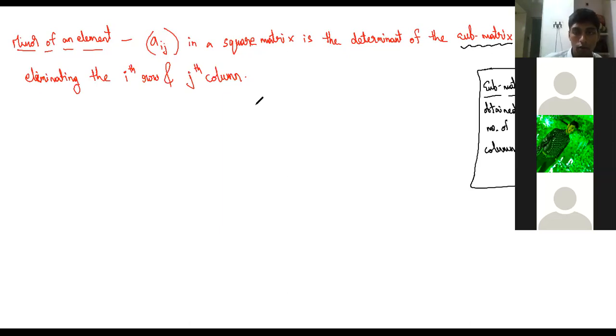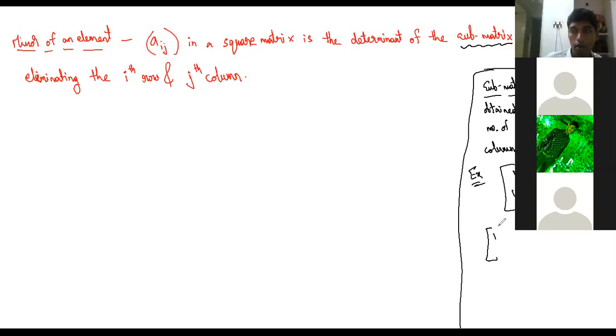Better I'll give examples. Say you have 1, 2, 10, 50. So 1, 10 is a submatrix. 1, 2 is a submatrix. 10, 50 is a submatrix.